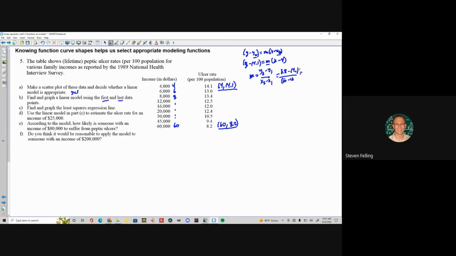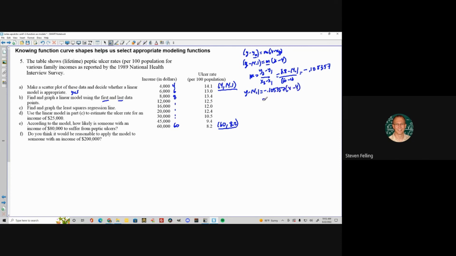And 8.2 minus 14.1 divided by 60 minus 4 turns out to be negative 0.105357, rounding it to quite a few decimal places there. Which means I could write this as y minus 14.1 is equal to negative 0.105357 times x minus 4.